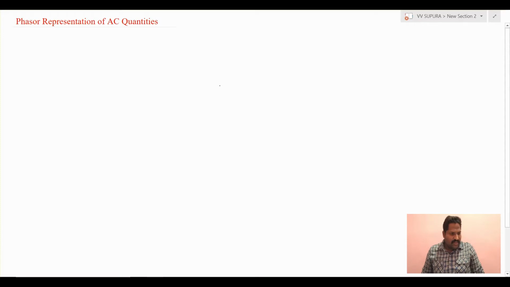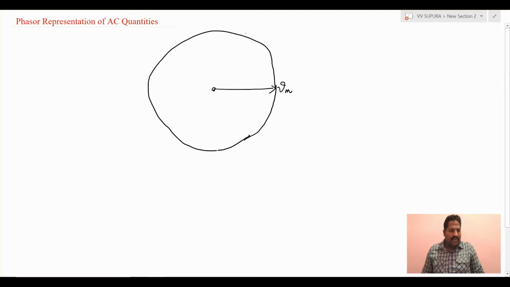if I represent one vector in this way, it has some magnitude. Suppose it is a voltage waveform, that value will be Vm, the maximum value, and it will rotate in an anti-clockwise direction with a velocity of omega. This omega is nothing but the angular velocity.